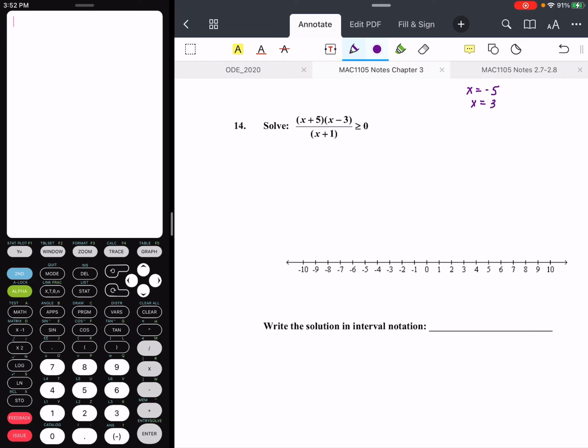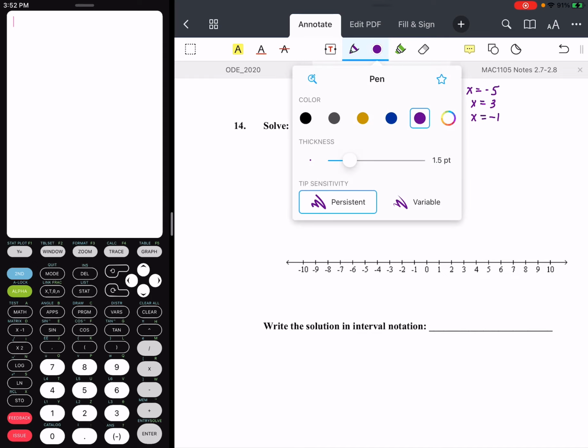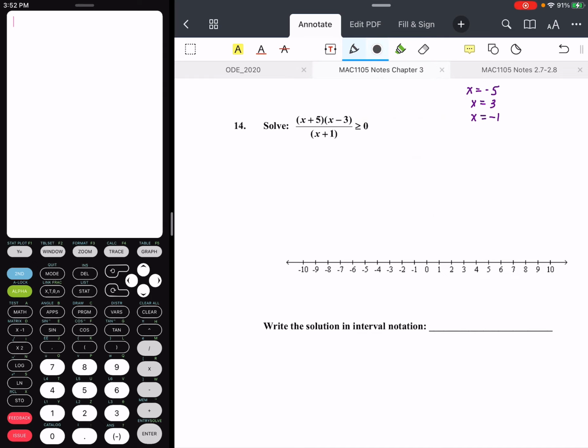And setting x plus 1 equal to 0 gives me x equals -1. So these will be my boundary values on my sign chart down here. At -5, I'll draw my divider. At -1, I'll draw my divider. And then at 3, I have another divider.